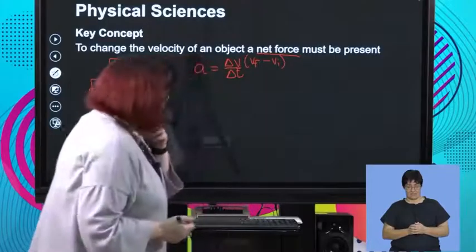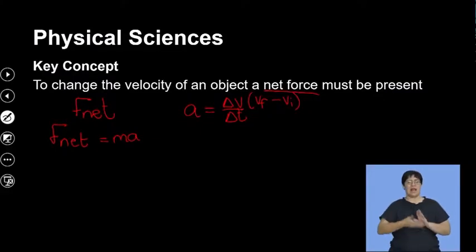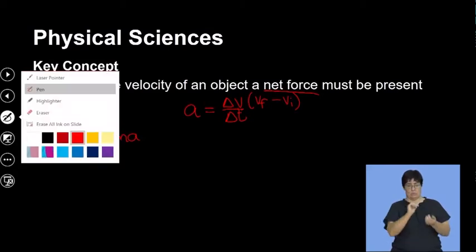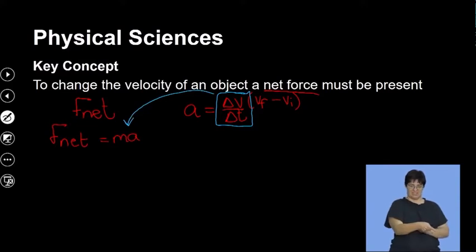Now, okay, so I know what acceleration is. Now we're going to do a little bit of a maths thing. I'm going to take this part of the equation and substitute it in there. So I'm going to take the A away, and this means my equation becomes this.